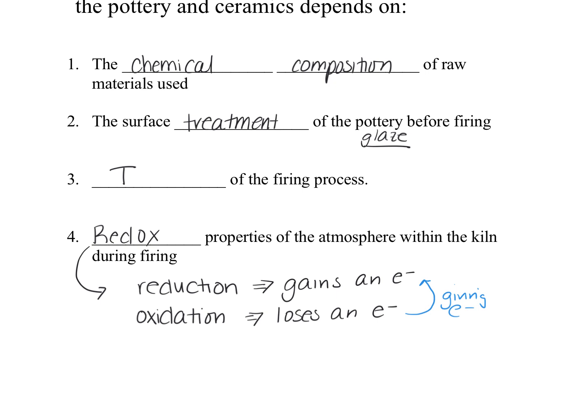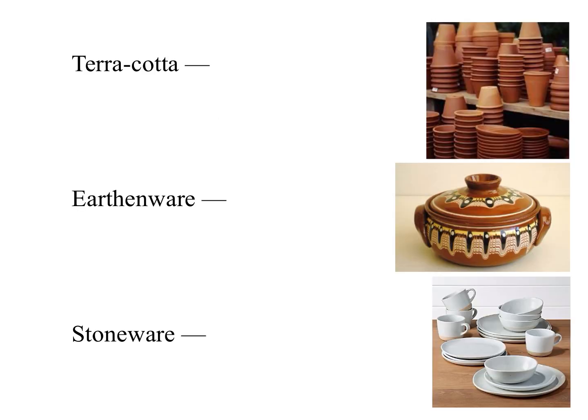And that can change the type of pottery that you make if you have different redox properties within the atmosphere that helps that electron be transferred. So this results in all sorts of different types of ceramics that we run into. We're going to talk about some of these. This is not an exclusive or inclusive list, just a sampling of all of the different ceramics we can see. The first one we're going to talk about is terracotta.